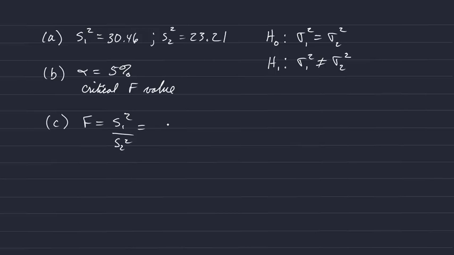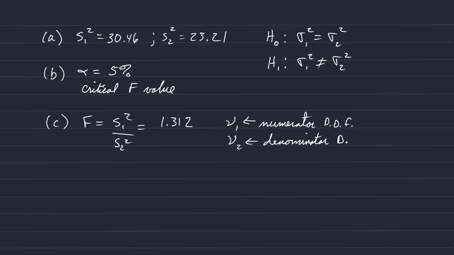And that ratio is 1.312. So nu 1 is going to be the numerator degrees of freedom, and nu 2 is the denominator degrees of freedom.